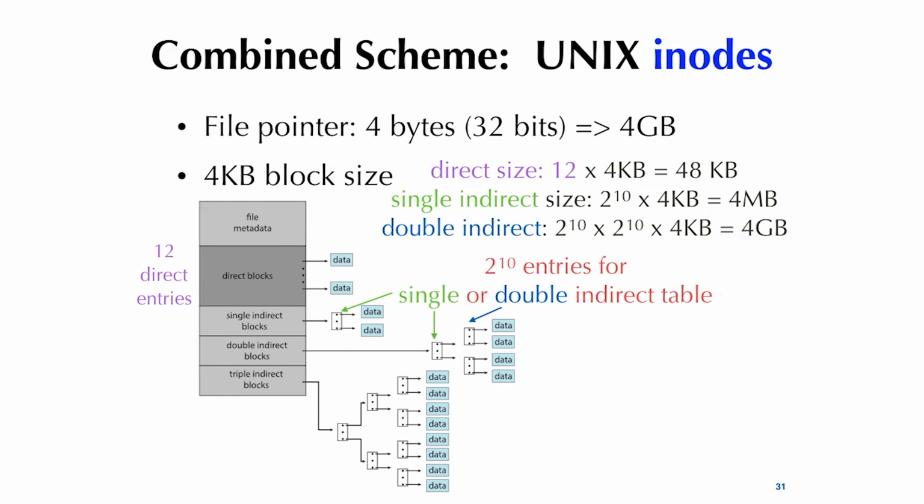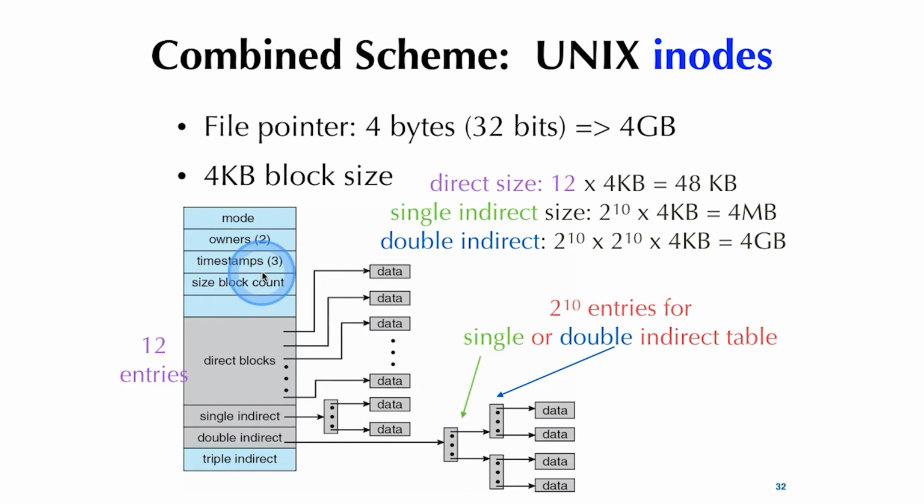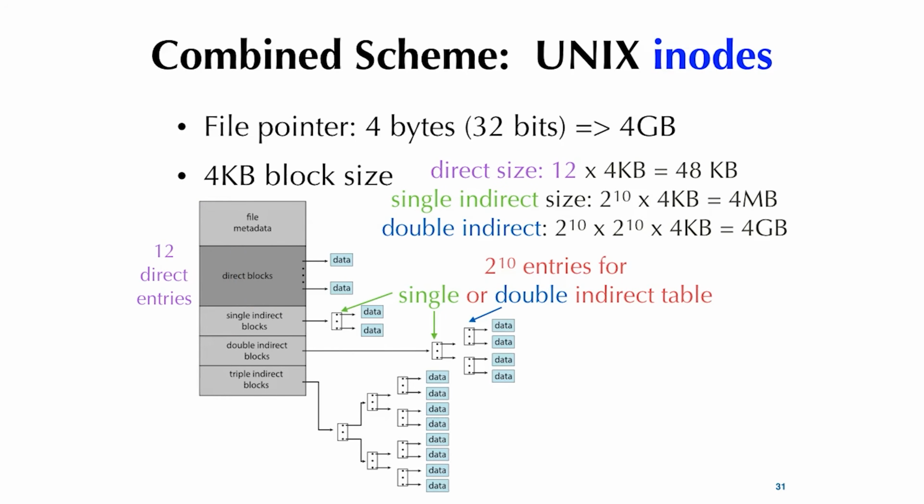Now Unix is this combined scheme in that you do have direct blocks. First it's file metadata, so that's your traditional file control block, right? And then followed by the direct blocks. So instead of a single pointer, it has 12 direct entries. If your file can fit in the 12 direct entries, great.